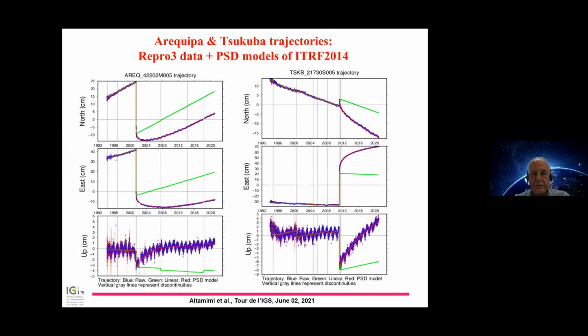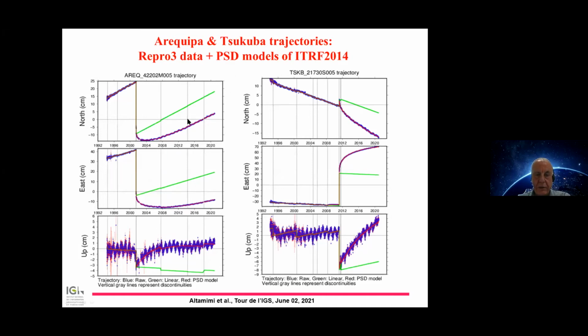So just to show you some illustration about Repro3 data, in this plot I am showing 2 sites where we have 2 major earthquakes: Arequipa, which happened in 2001, and Tsukuba, where the major earthquake occurred in 2010, if I am not wrong.